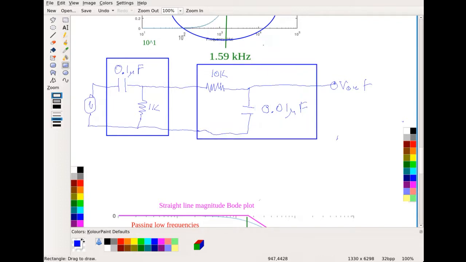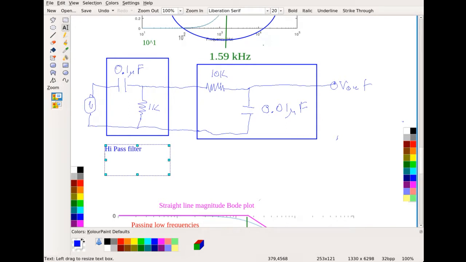Okay. And so now I've got a high pass filter, which is passing everything 1.59 kHz and above.